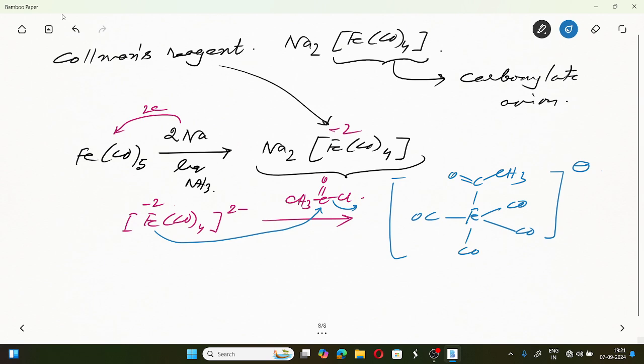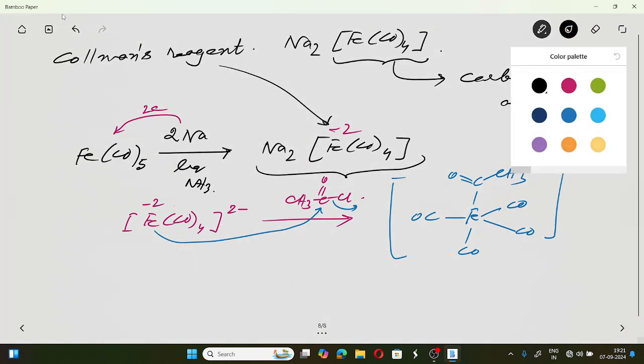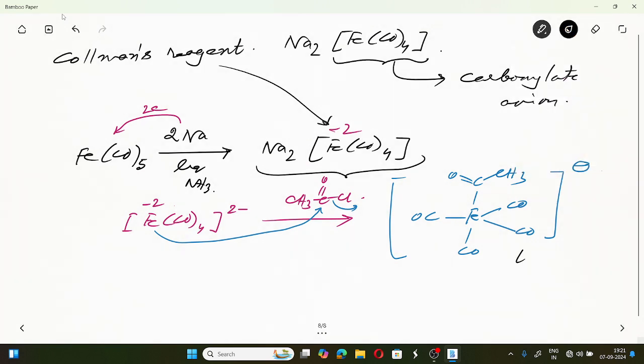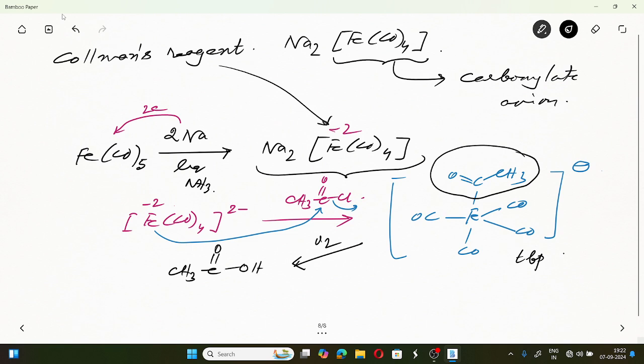Now if you treat this with oxygen, so this is the TBP complex which can be utilized, তার মানে এই জিনিসটা দেখো, this moiety is activated, and if you treat this with molecular oxygen, this is converted to CH3COOH, তাহলে এটা activated moiety.